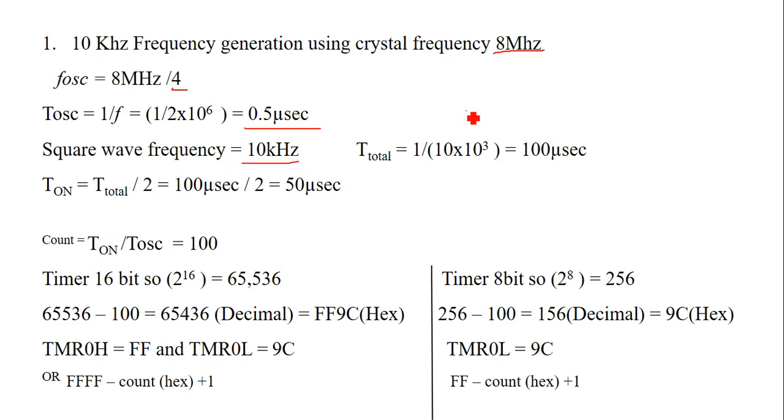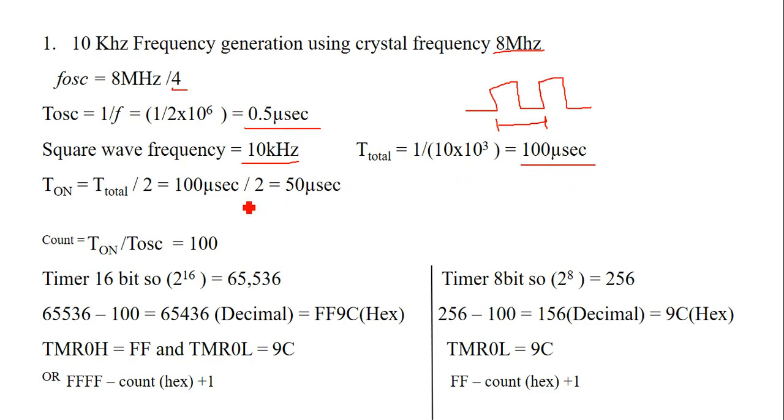The square wave we want is 10 kHz. Your square wave will be like this. The total time is T on plus T off. So the total time is 1 upon the frequency, which is 100 microseconds.